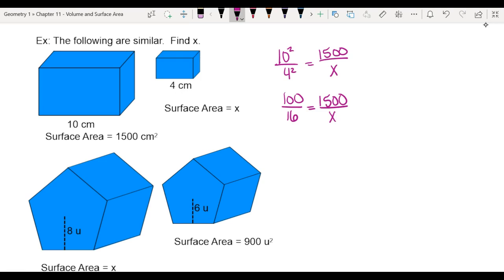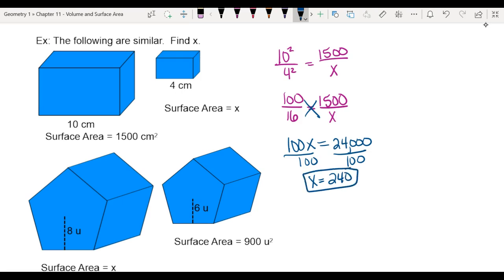Then this whole section is on cross multiplying. 100x equals 16 times 1,500, which is 24,000. Then you would divide each side by 100 to get x is 240.